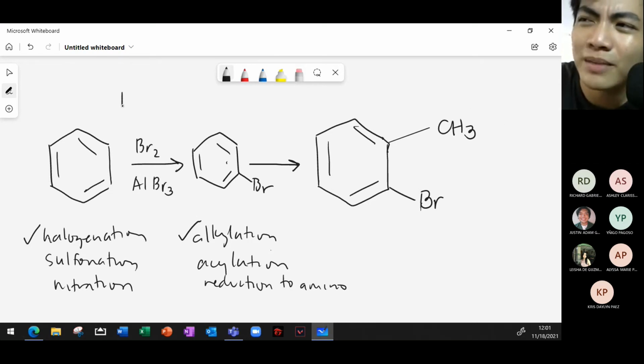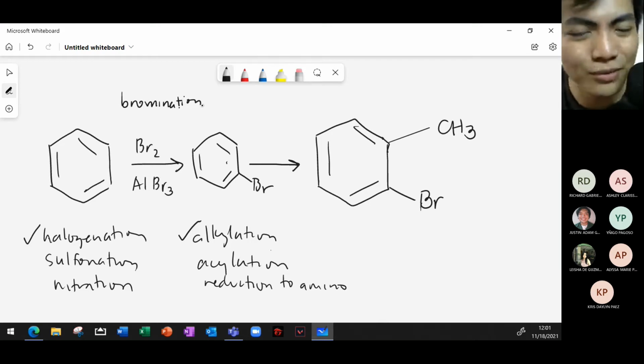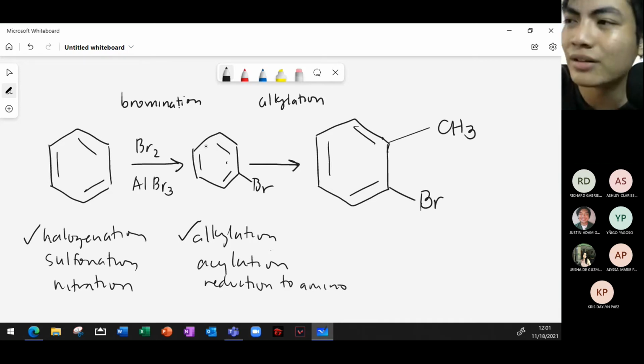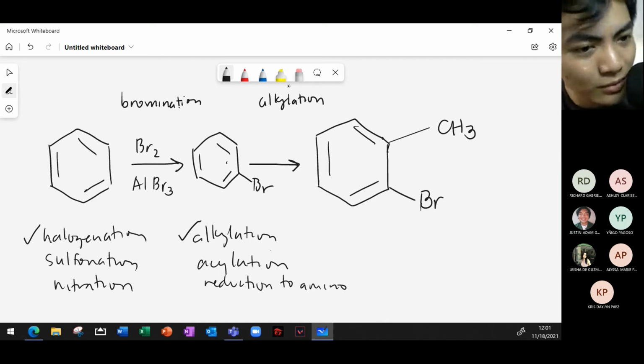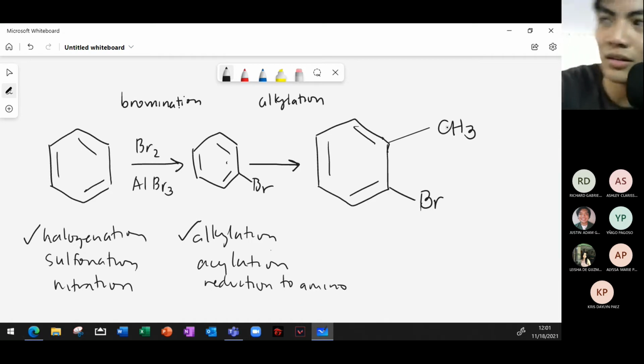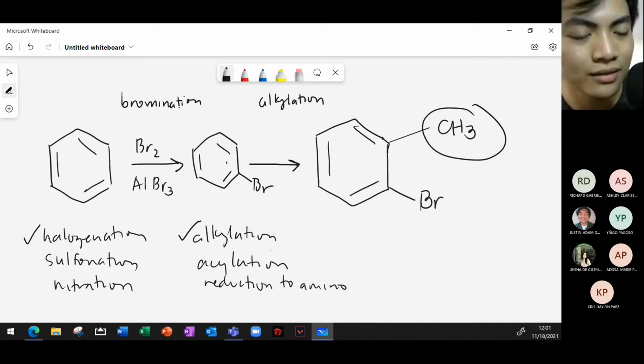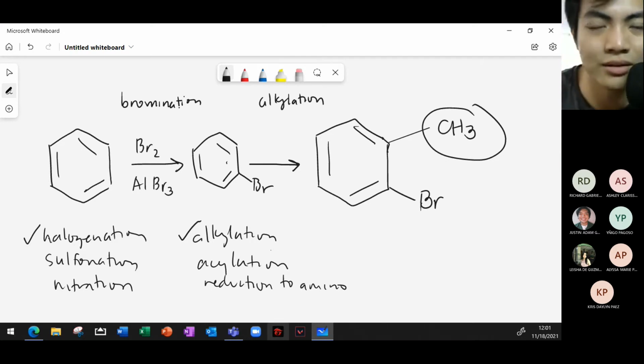Okay? So, after the bromination, para siyang puzzle, no? Papansin nyo. Now, after bromination, you will do an alkylation. Yan, alkylation. So, ano yung reagent mo? Tignan mo, ano yung dinugtong? CH3. Okay? Yan yung idudugtong mo.